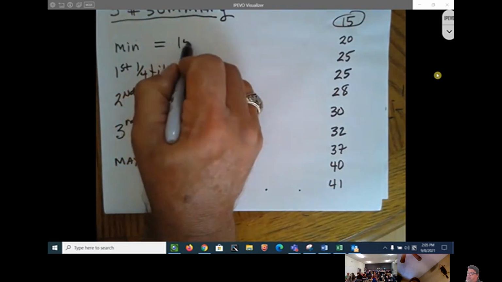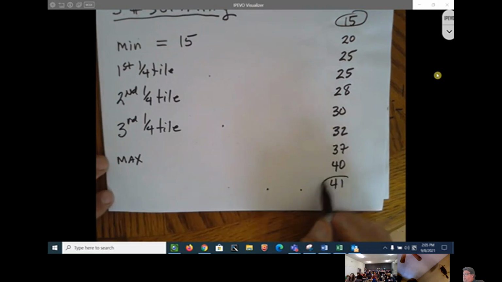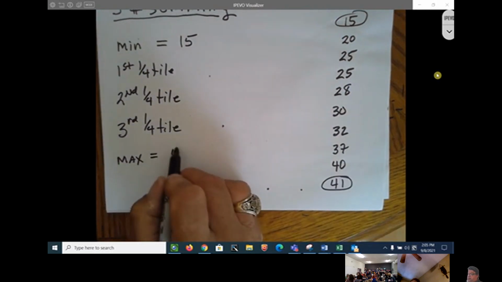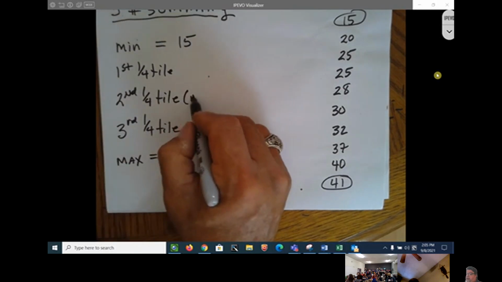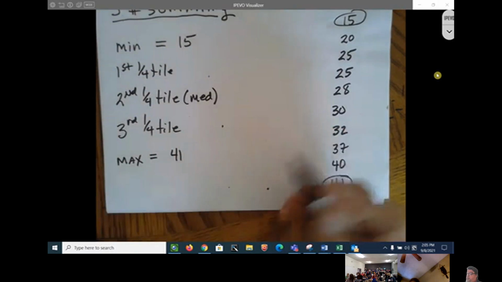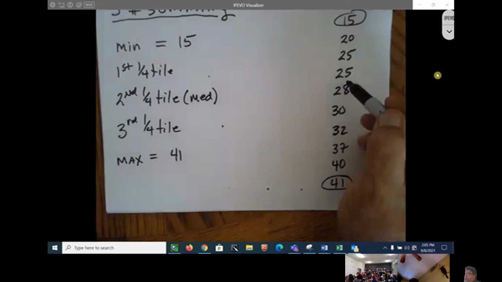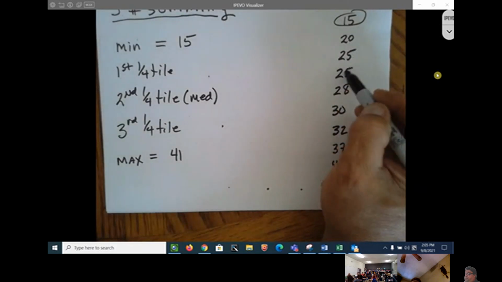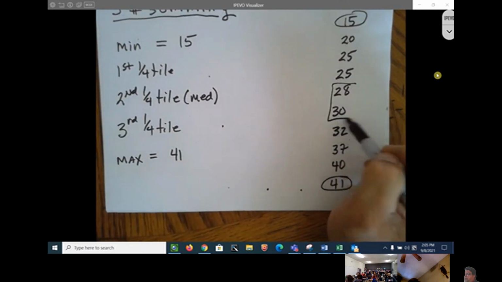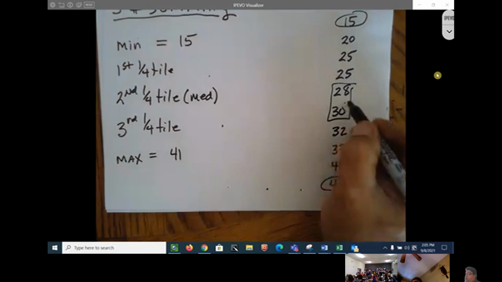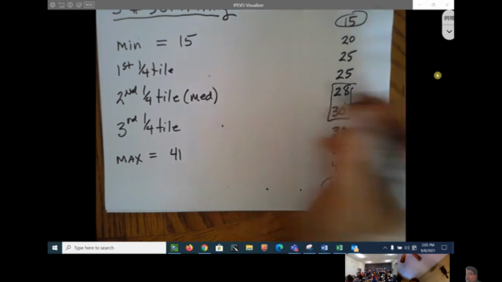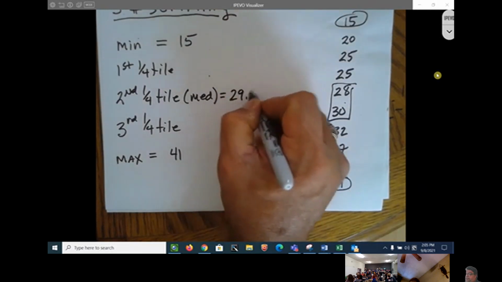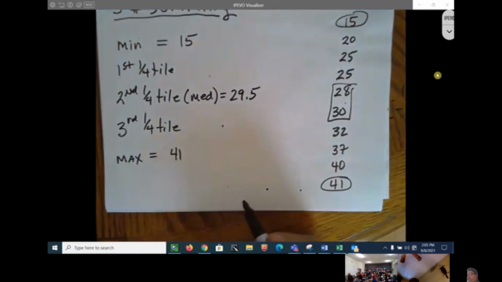15 is your min. 41 is your max. The second quartile is the median. And with 10 numbers, we count 1, 2, 3, 4, 5. And 28 plus 30 is 58, and that would be 29.